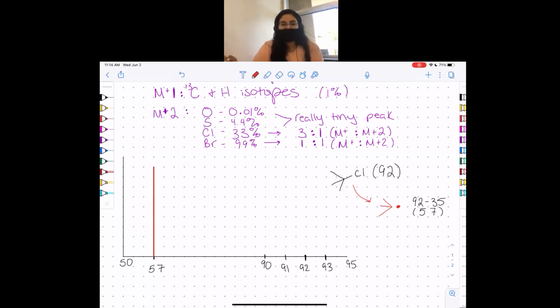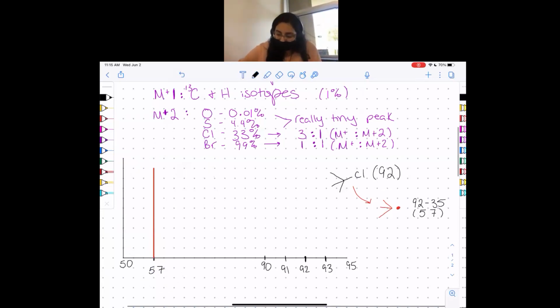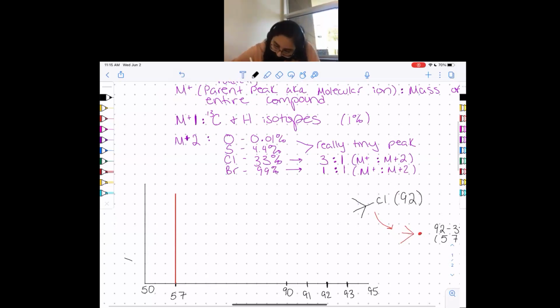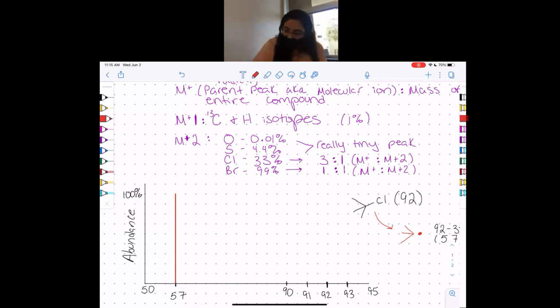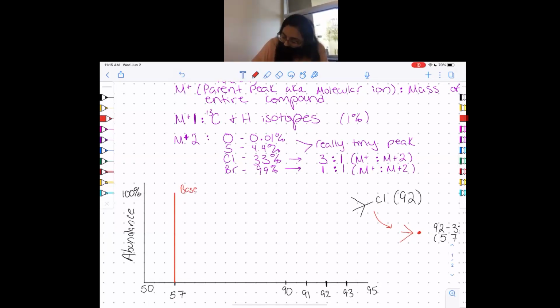All you have to know is that the base peak is going to be the tallest one, at an abundance of approximately 100%. So the base peak is always going to be at 100 or close to it. So I will label base peak.